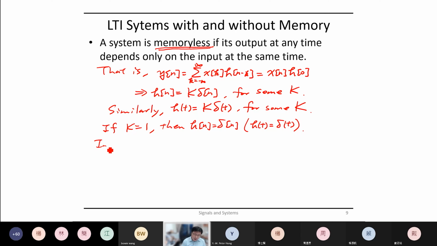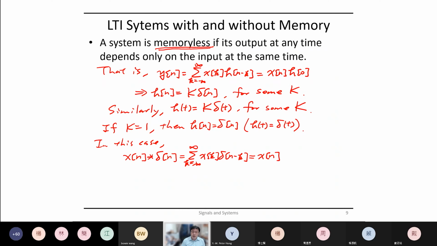In this case, if you compute x[n] convolved with delta[n], so you take the input signal x and plug it into this system with impulse response delta[n], this is the summation of x[k] delta[n minus k]. By the properties of the delta function, this gives you only the value at time n.